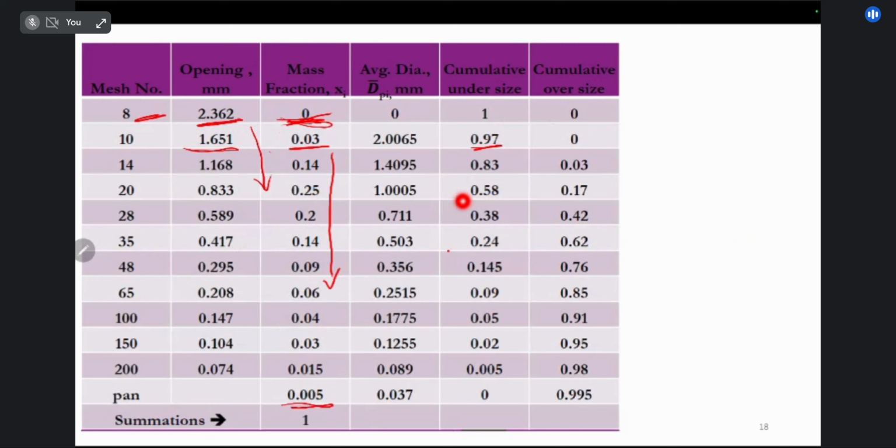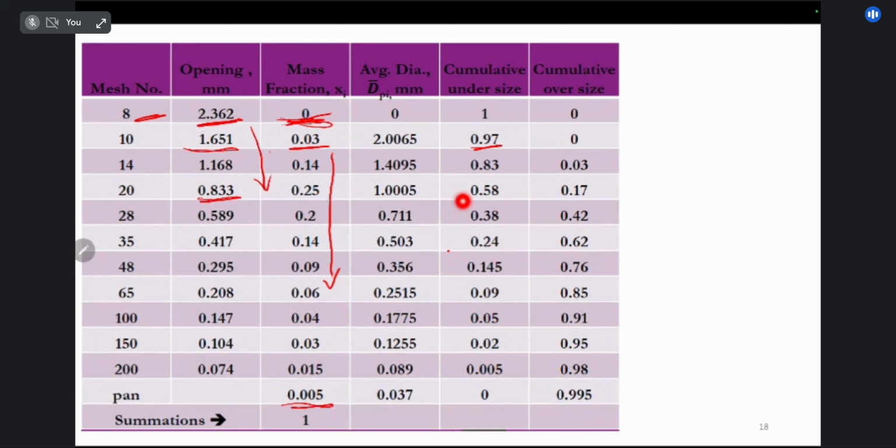But if we talk about the next mesh, you can see that mesh number 14, the mass fraction is the material which has already passed through it. So at the end, like this, you will do the calculation for all these meshes, 14, 20 and so on. Suppose you want to calculate for mesh number 20.